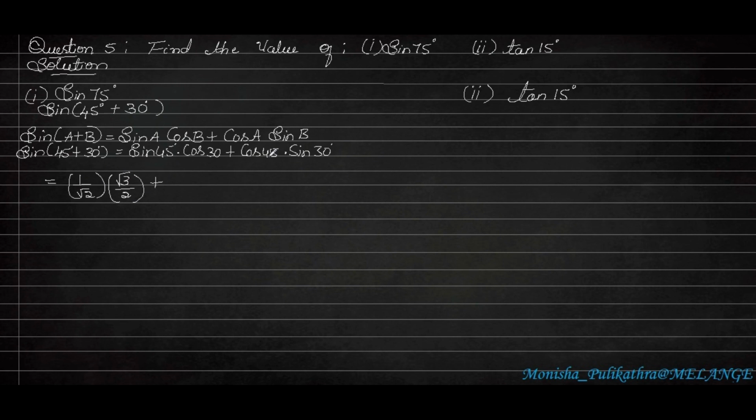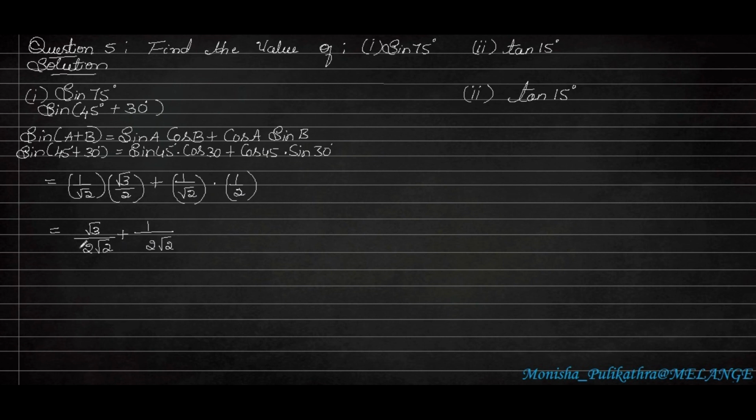In the same way, cos 45 is 1 by root 2 and sin 30 is 1 by 2. Here it is multiplication. Therefore 1 into root 3 is root 3 divided by 2 into root 2 is 2 root 2, plus 1 into 1 is 1 divided by 2 into root 2 is 2 root 2.